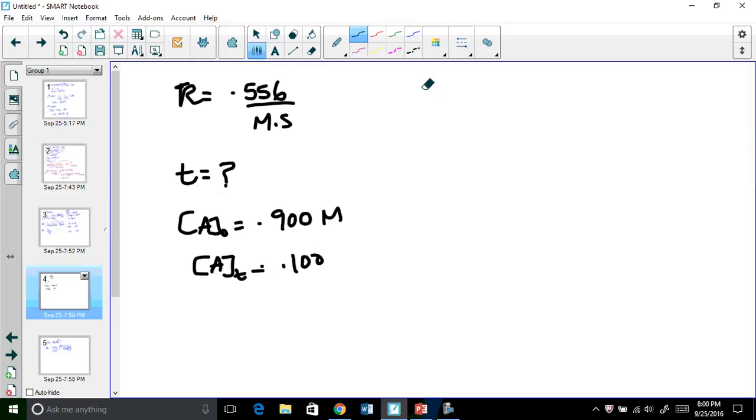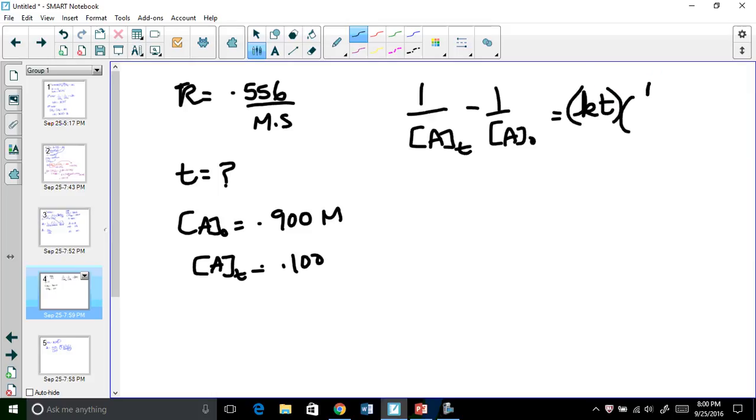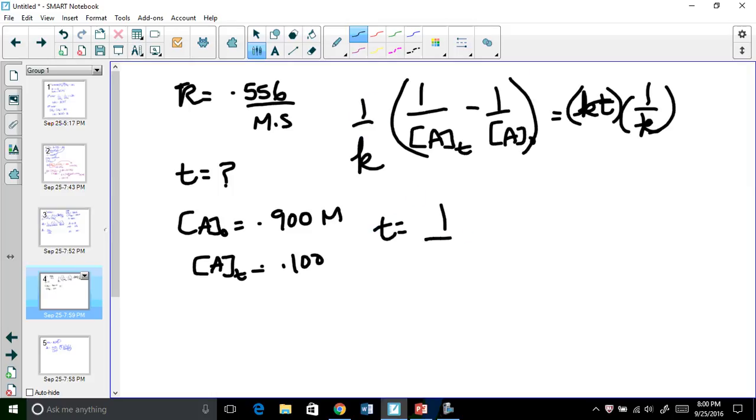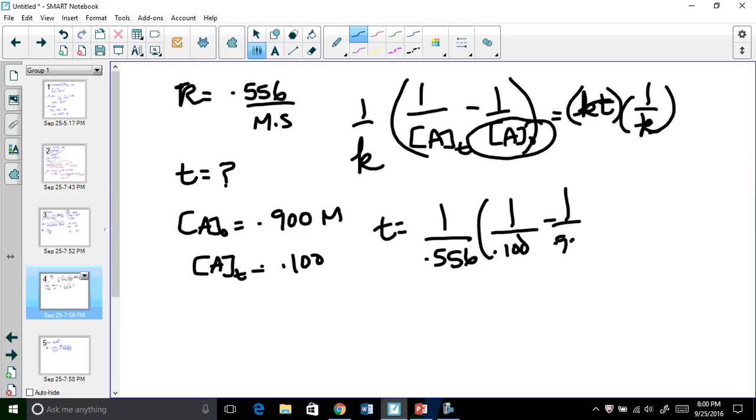And again, it's second order, so the equation is 1 over A sub T minus 1 over A sub 0 equals KT. Well, this time we're solving for T, so I'm going to multiply both sides by 1 over K. And this is 1 over K. And so basically, T is equal to 1 over 0.556 times 1 over 0.1. Now remember, the bigger number is always the initial concentration.